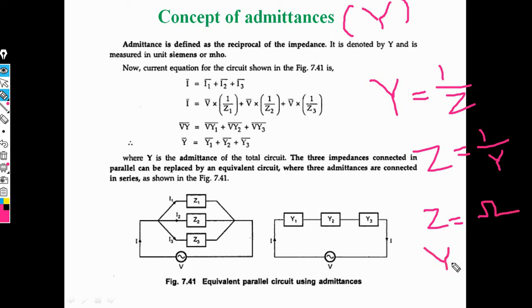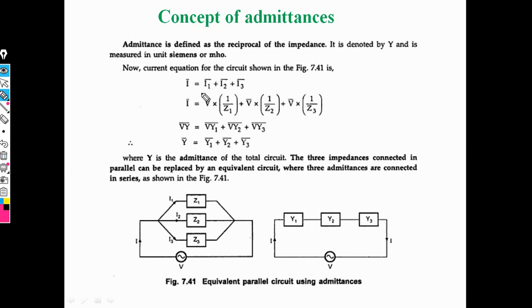Admittance is measured in Siemens, or mho. That is the concept of impedance and admittance.